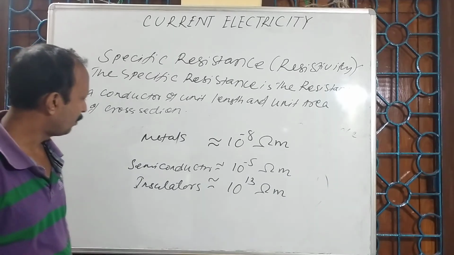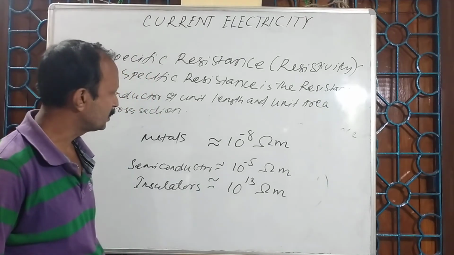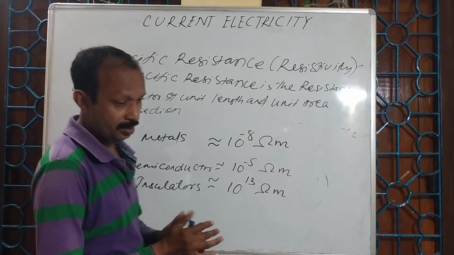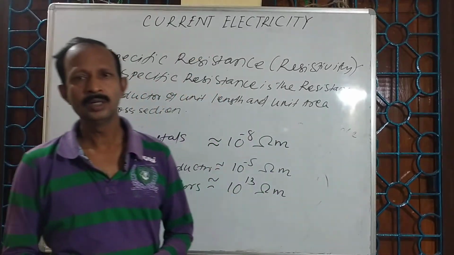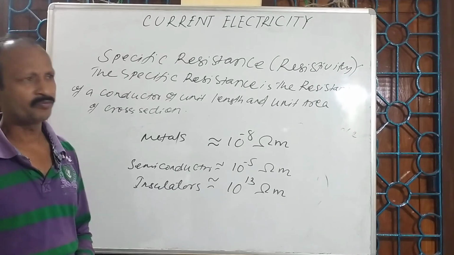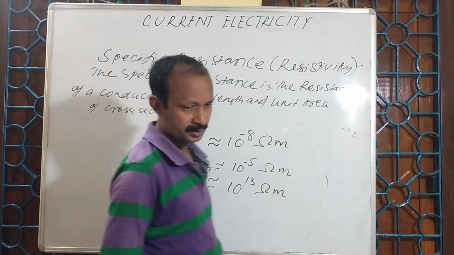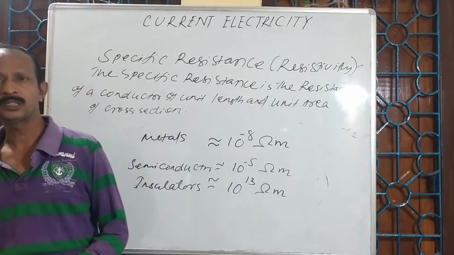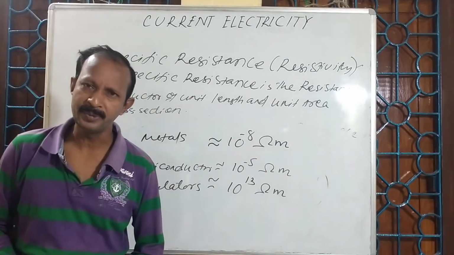So this is about the specific resistance and resistivity. In this video we discussed ohmic conductors, non-ohmic conductors, factors affecting the resistance, and also specific resistance or resistivity.